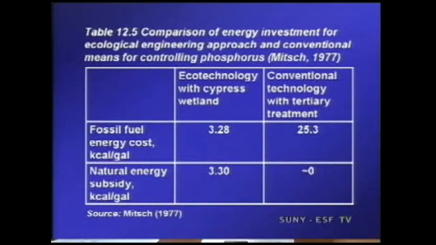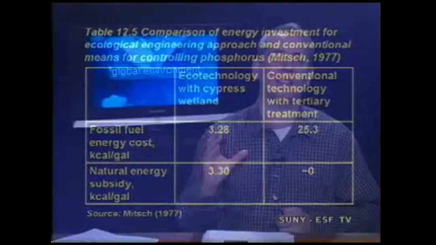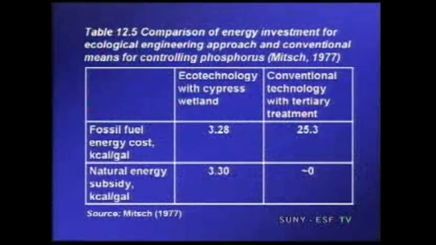Now, we mentioned earlier an advantage is you're getting a lot of the energy for ecological engineering from solar sources. And if we look at this slide, you can see the difference between eco-technology and the cypress swamp and conventional technology. Overall, the energy requirements are quite modest, and almost no fossil fuel requirements. So a nice big advantage as we look at the price of fossil fuels rising as they have been recently.